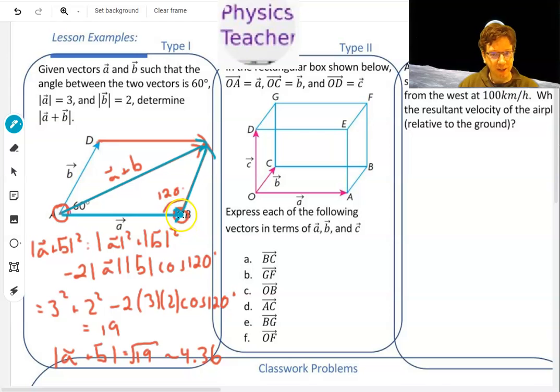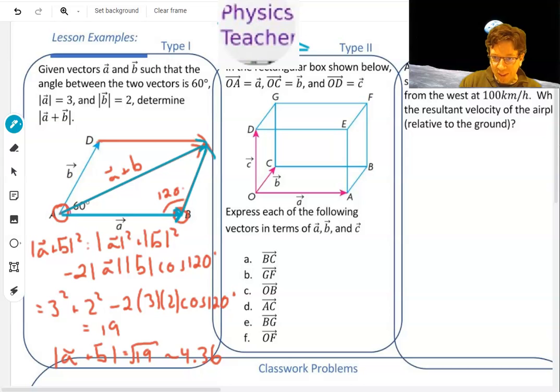But drawing a vector this way doesn't quite work. I'm not quite sure what you'd be solving for there. Well, if you had negative A in the opposite direction and then B here, right, then you would get that other diagonal.